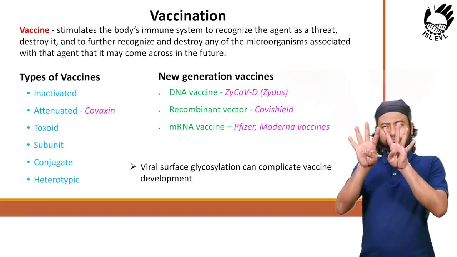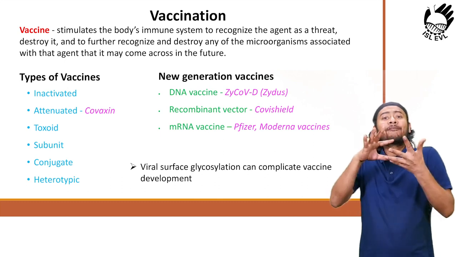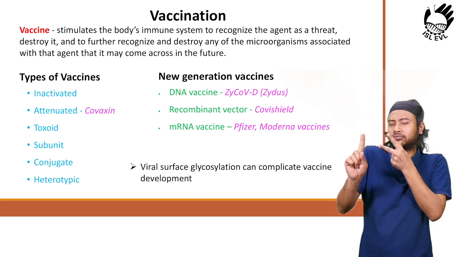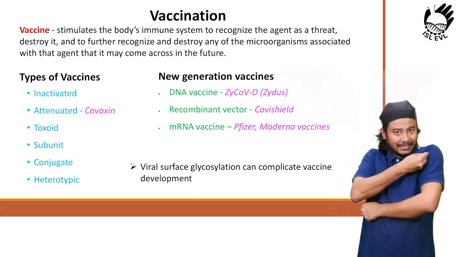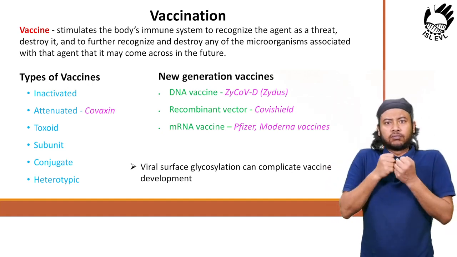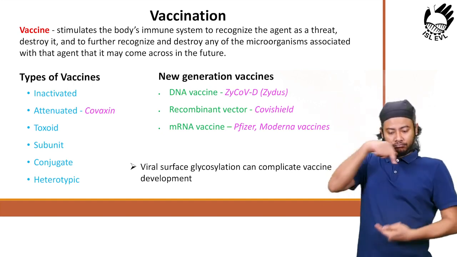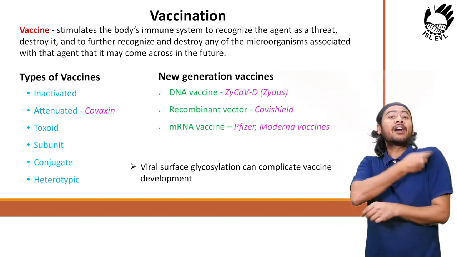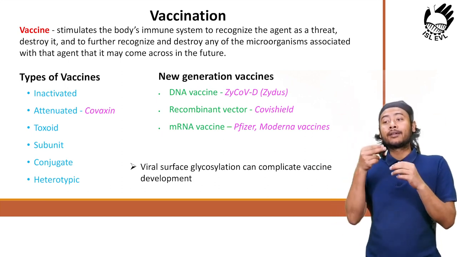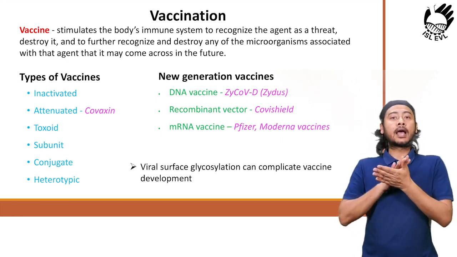Basically, we are using a portion of these microorganisms, either the cell surface proteins or any highly expressed proteins on the microorganisms, and then we use that to trigger our immune system to respond to any future attack of similar microorganisms. There are different types of vaccines, such as inactivated vaccines or attenuated vaccines, of which Covaxin is an example, toxoids, subunits, conjugates, or heterotypic vaccines.